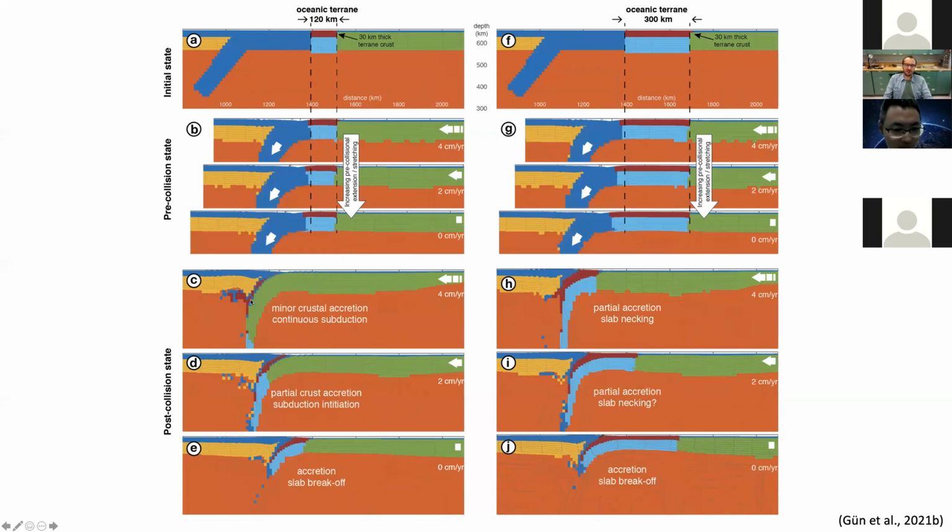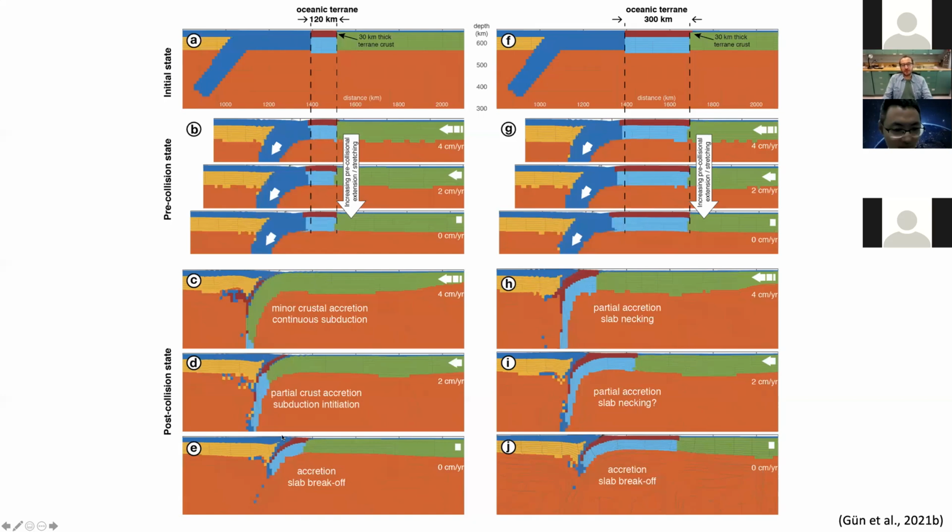As you can see, this crustal part is mostly delaminated from the subducting oceanic terrain and kind of placed beneath the continental overriding plate. If you decrease the impulse velocity, we start to see some accretion, and also subduction is probably continuous here too.